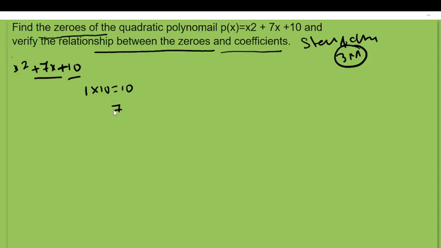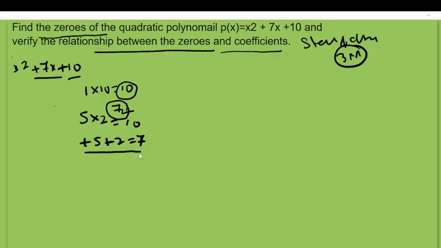We must choose the integers. The product should be plus 10 and the sum of the integers is 7. In that way we split up the middle term. Now we are getting 5 and 2. 5 into 2 is 10, and plus 5 and plus 2 is equal to plus 7.